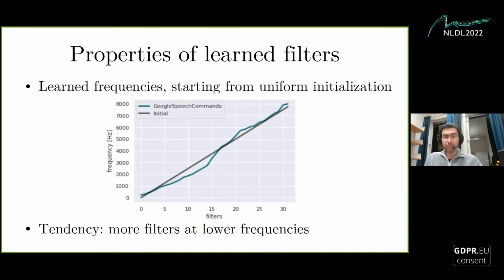But we would expect a more pronounced line like this. So this is something that has to be investigated further. We would like to know if it's because of our dataset. If we have a different dataset, it could be different. If we have noise or something else, that could also influence this distribution.